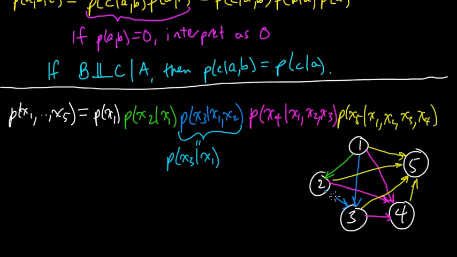So this arrow would be gone. And if there were certain other conditional independence properties, like if x4 was conditionally independent of x2 given x1 and 3, then we would drop the arrow from 2 to 4. So this arrow would be gone.